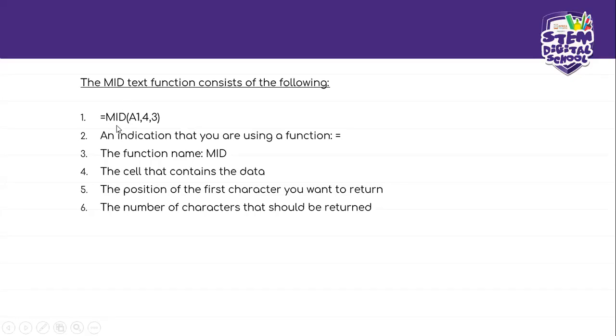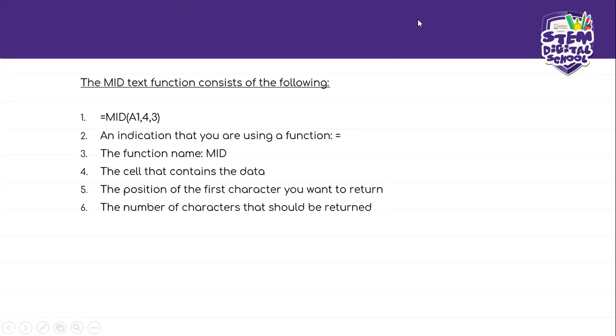Then 4. This 4 is for the position of the first character you want to return. So in the middle of the text, you must specify the position of the first character. Where do you want this function to start extracting the data? Then the number of characters that should be returned.